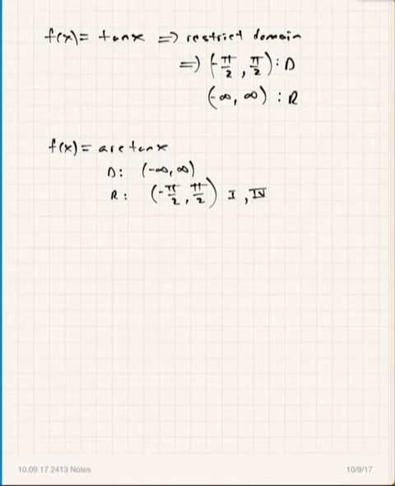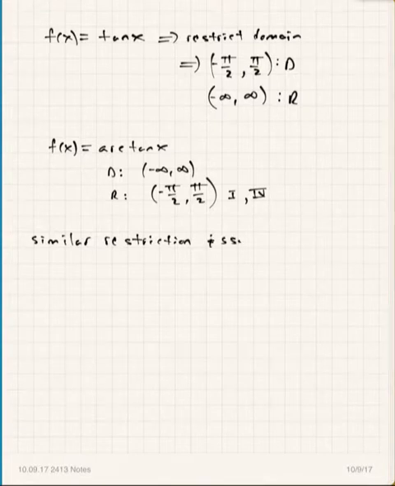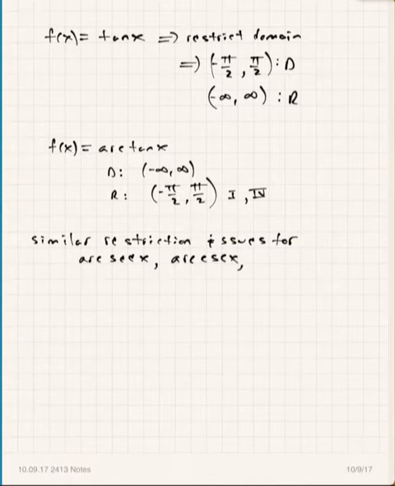And then you have similar restriction issues for arcsecant x, arccosecant x, and arccotangent x.